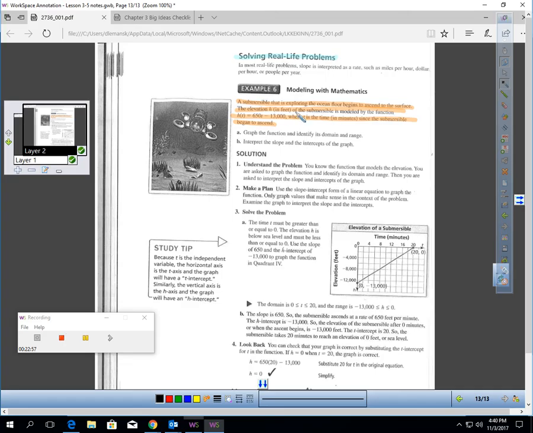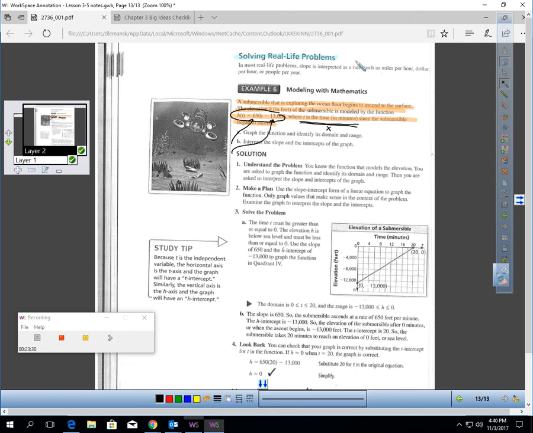The elevation in feet of the submersible is modeled by this function, where t is the time in minutes. There's my independent variable. That's my x's, since the submersible began to ascend. Graph the function and identify its domain and range. Well, you can see the slope is 650 and the y-intercept is negative 13,000.